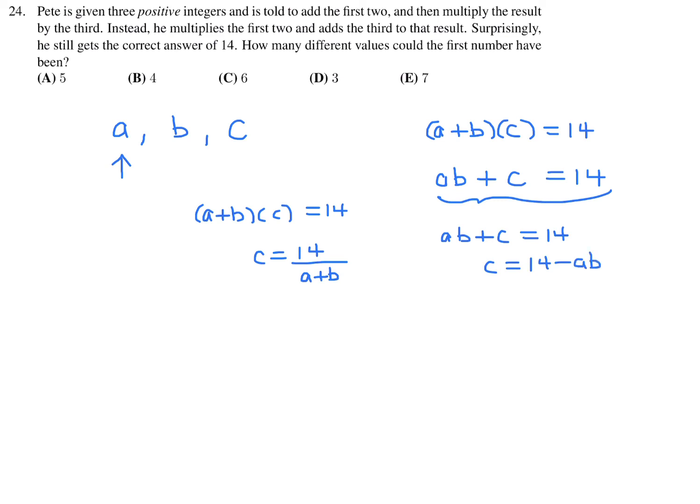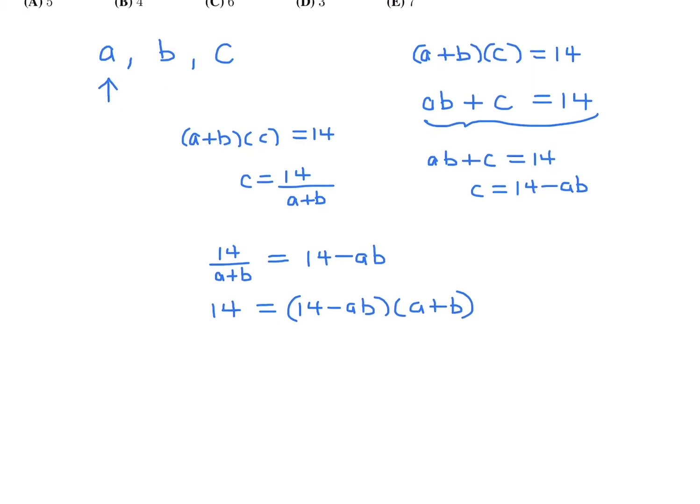Correct? So now I can set these two equal to each other since they are both equal to c. So 14 over (a plus b) is equal to 14 minus ab. And then I'll just cross multiply 14 minus ab and then a plus b like that.